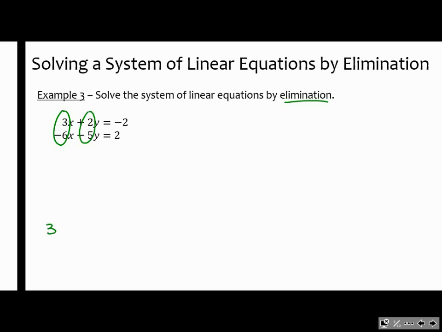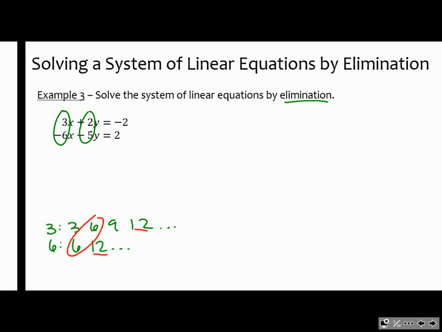Now, interestingly enough, 3 and, let me just call it 6 for a moment. If I were looking for their least common multiple, the multiples of 3 are 3, 6, 9, 12, etc. And the multiples of 6 are 6, 12, etc. I have several common factors because 6 is actually broken down into the prime factorization 2 times 3. Their least common multiple is the number 6.